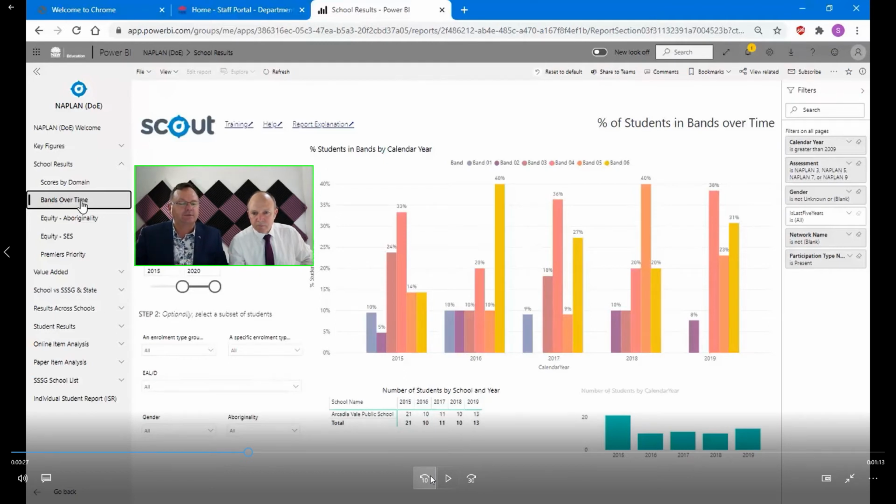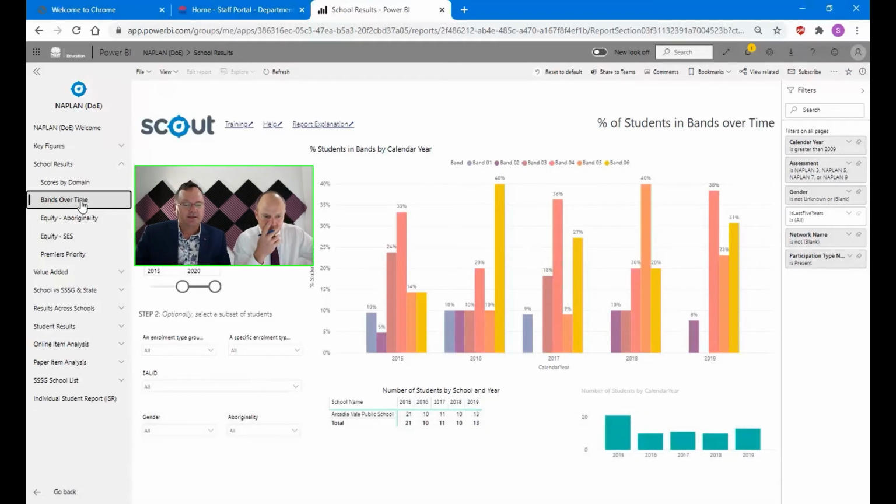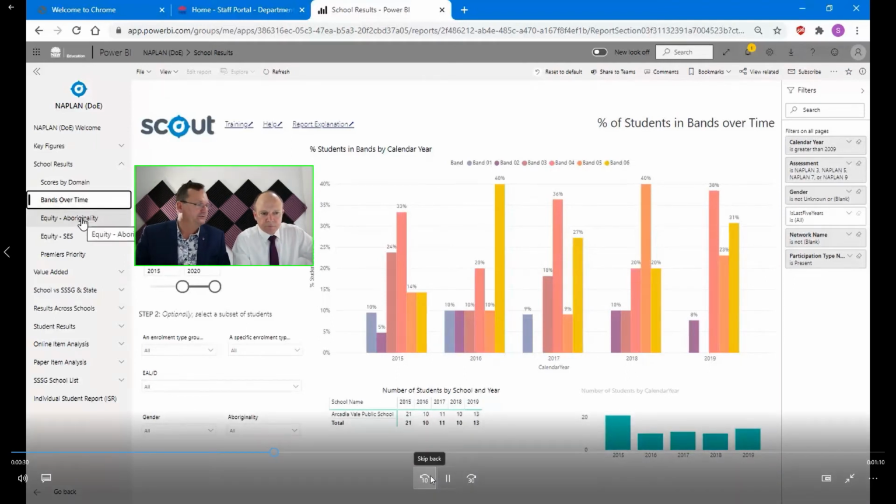So this is giving us 5 years worth of results. And my very quick analysis, you can see that from 2015, there's been a significant push up to 2019 of moving students from the bottom and middle into the upper bands. There's still some work to do in that third highest band, and I'm sure that'll be a school focus going forward. But that's the very quick and dirty analysis.